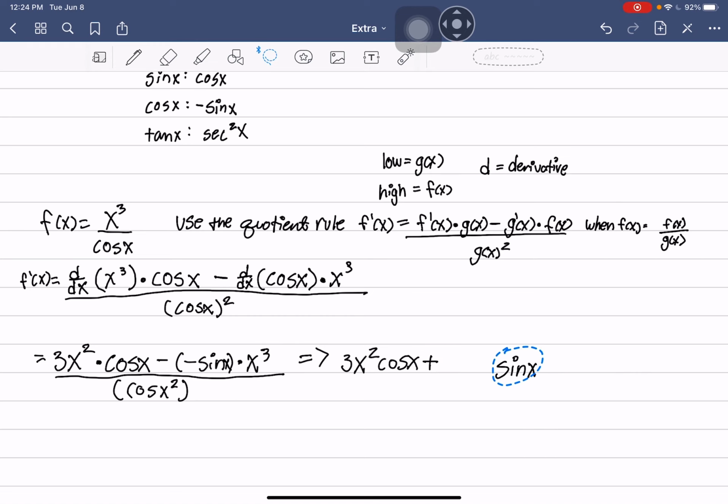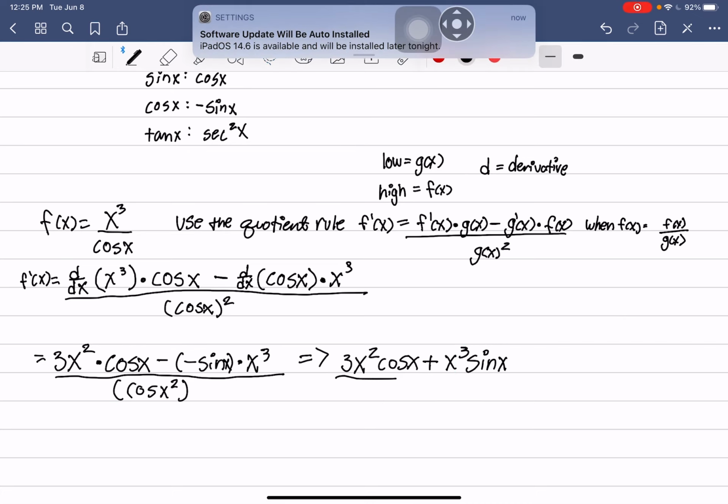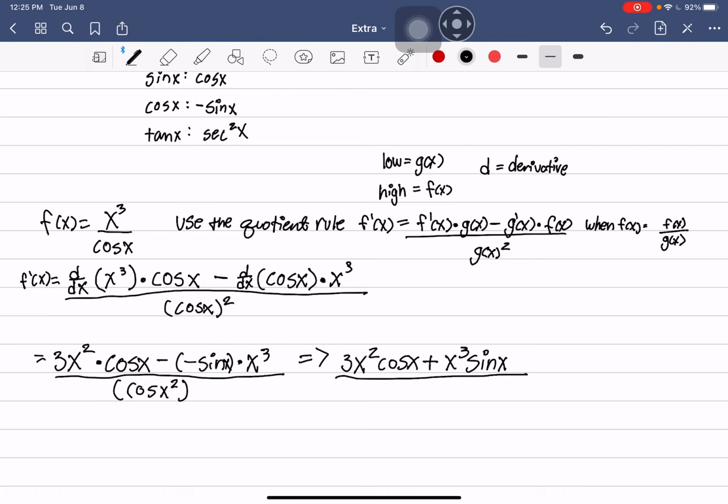Move this one over to do x cubed and then sine x, all over cosine x squared. This is our answer using the quotient rule.